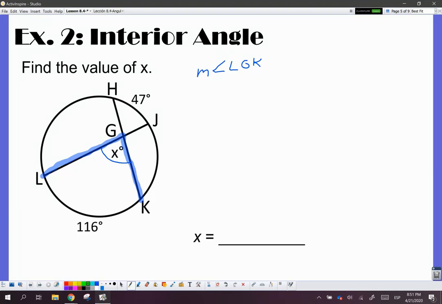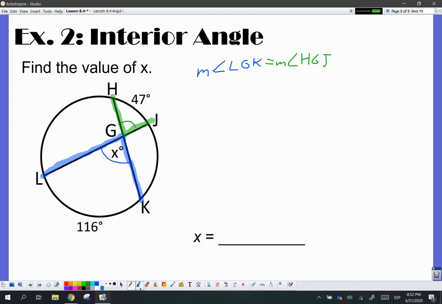So my vertical angle to LGK must be HGJ, and I'm going to write that in green. So I know that these two are equal.